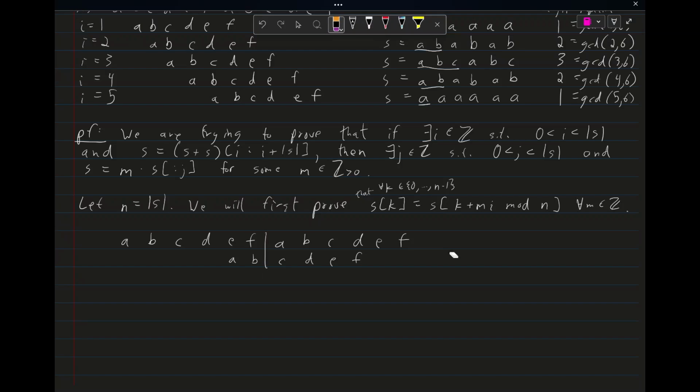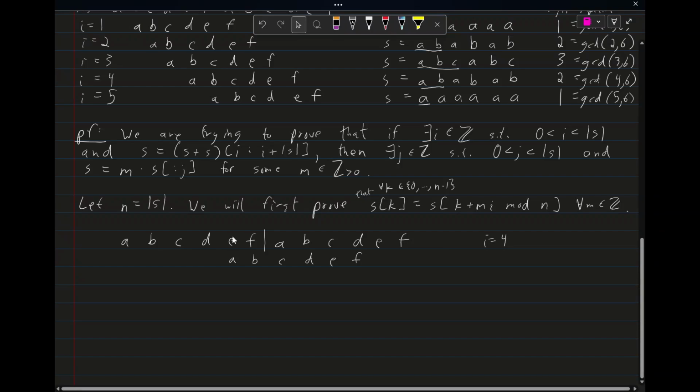Here we have I equals 4, because we start at the 4th index of s plus s, since the indices go 0, 1, 2, 3, 4. So I equals 4.